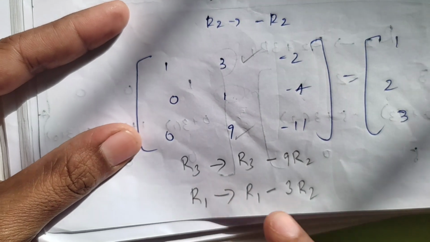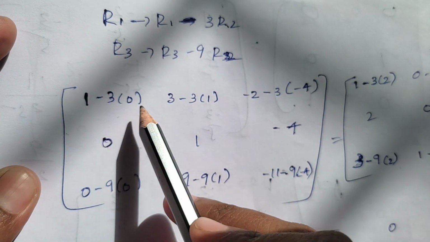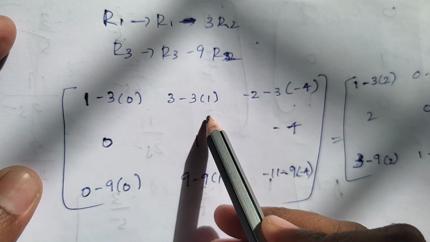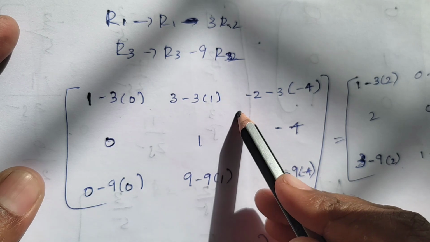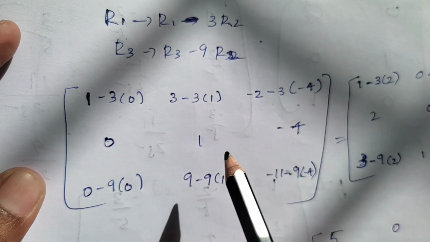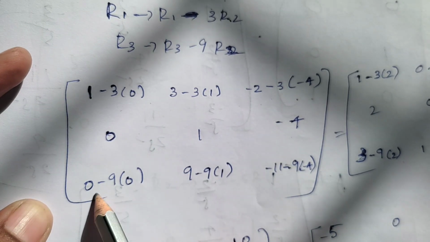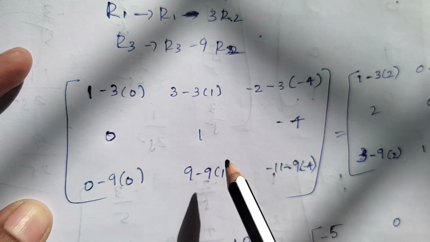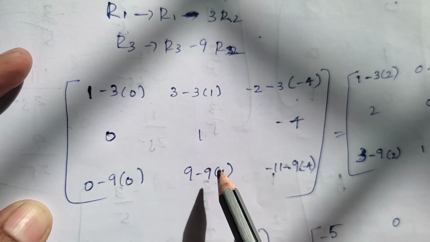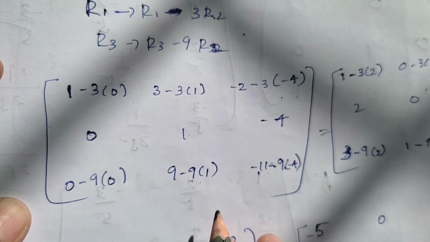This is our elementary operation. Our R1 will be 1 minus 3 into 0, 3 minus 3 into 1, minus 2 minus 3 into minus 4. Our R3 will be 0 minus 9 into 0, 9 minus 9 into 1, minus 11 minus 9 into minus 4.